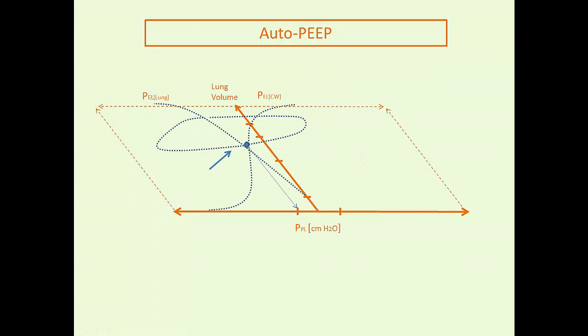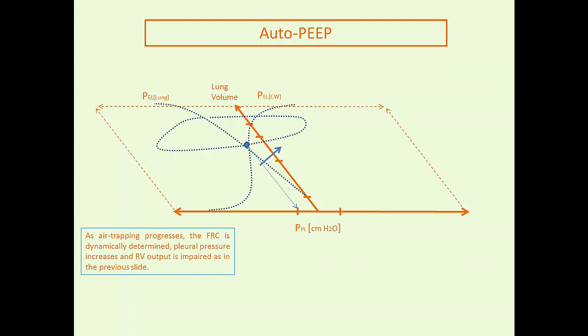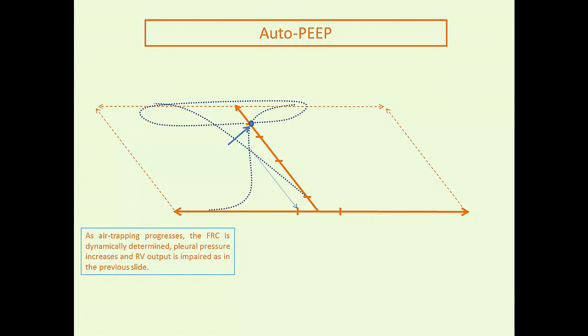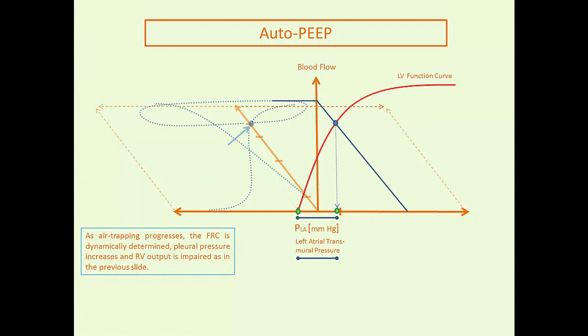And similarly, for the left heart, again, we're just going through this Autopeep physiology as the patient inspires and expires, and they begin to air trap and dynamically hyperinflate.